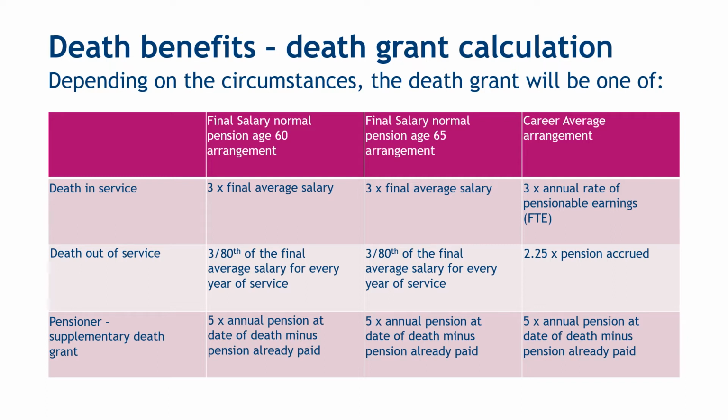There's death out of service, which will pay either 3/80ths of the final average salary for every year of service if the member is in the final salary scheme, or 2.25 times the pension accrued if the member is in the career average scheme. And if a pensioner dies, we'd pay a supplementary death grant, which will be 5 times their annual pension at the date of death, minus any pension already paid. And this is the same regardless of the scheme the member's in.